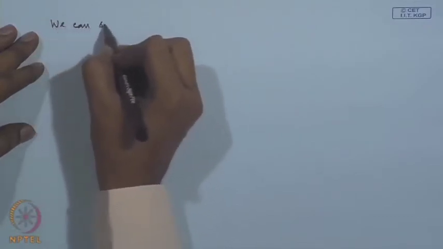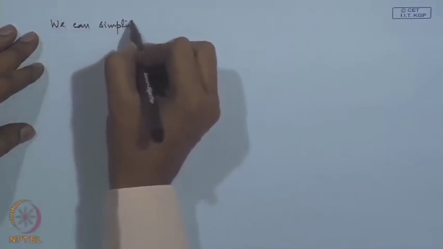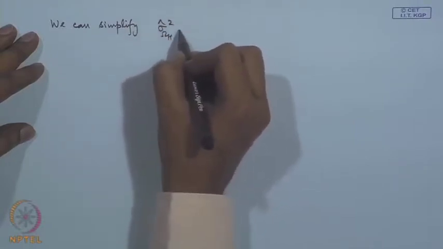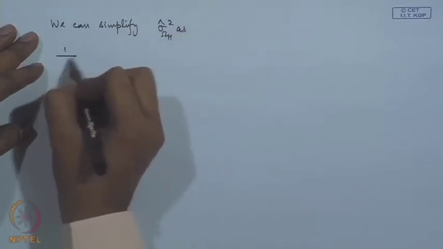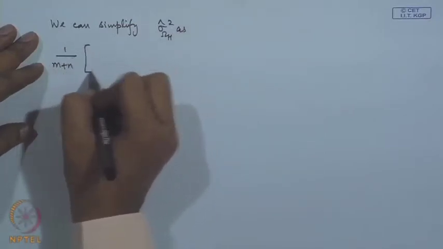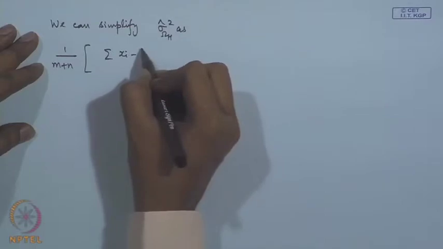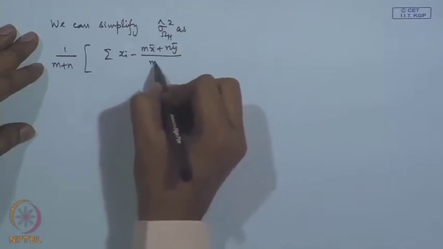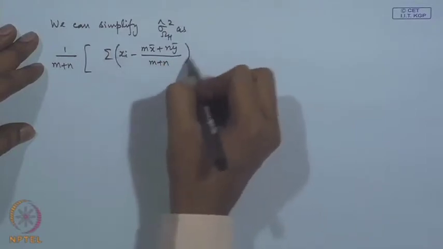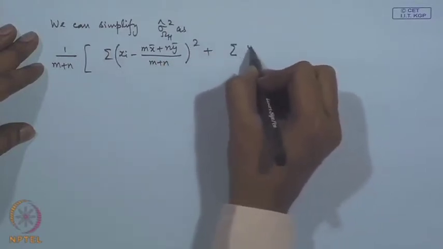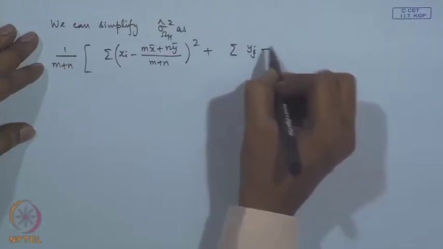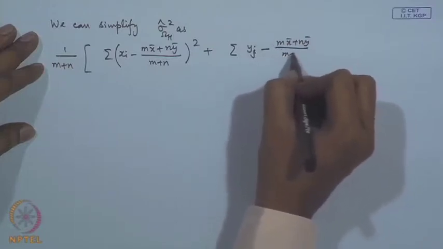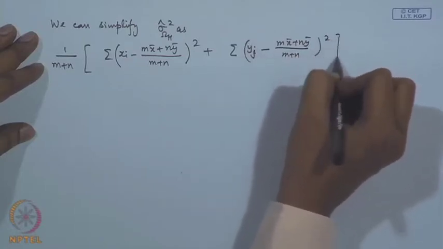We can simplify sigma omega h hat square as 1 by (m plus n) times (sigma (x_i minus (m x bar plus n y bar) divided by (m plus n)) square plus sigma (y_j minus (m x bar plus n y bar) divided by (m plus n)) square).